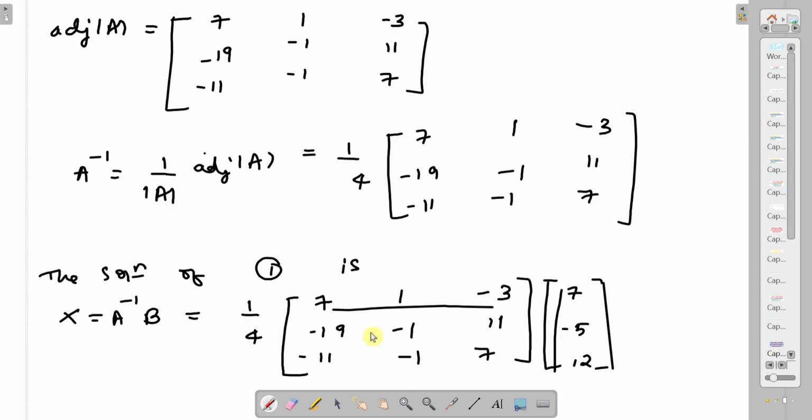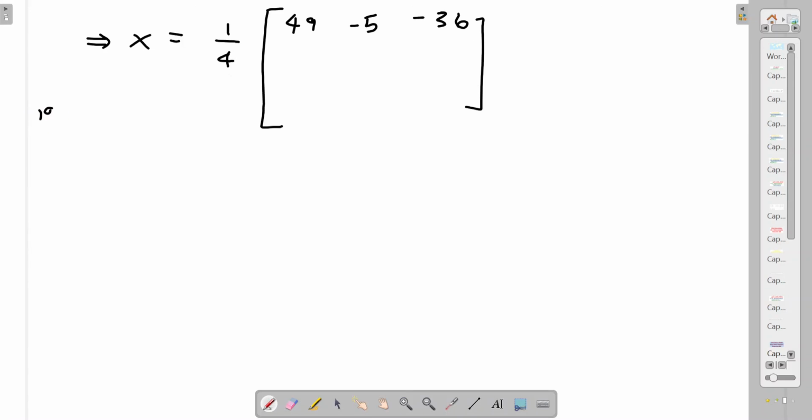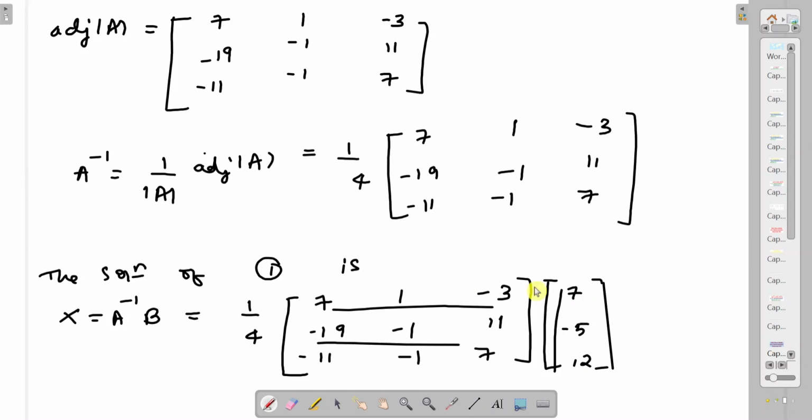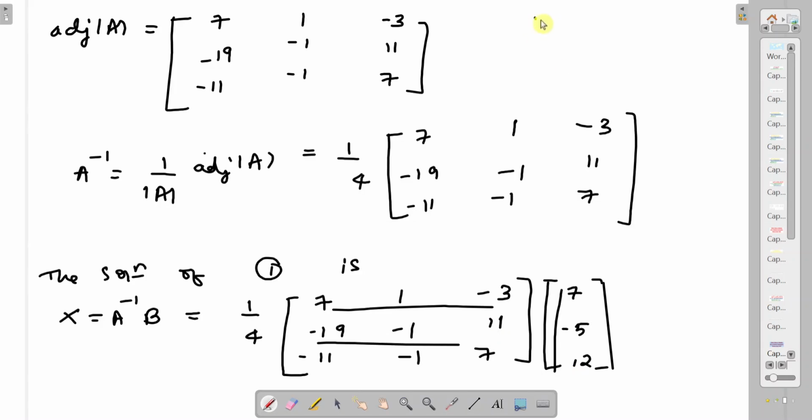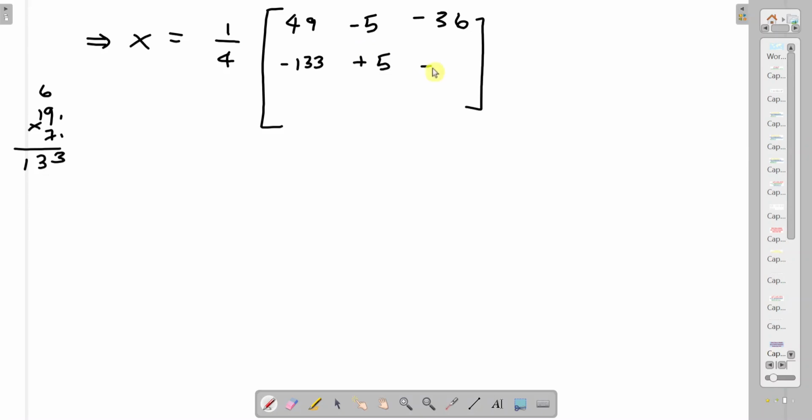Okay, and second row, this column, minus 19 times 7 is what? 19 times 7 is 133, so minus 133. Then minus 1 times minus 5 is plus 5, and 11 times 12 is 132, so plus 132.